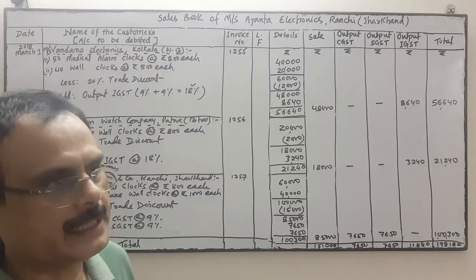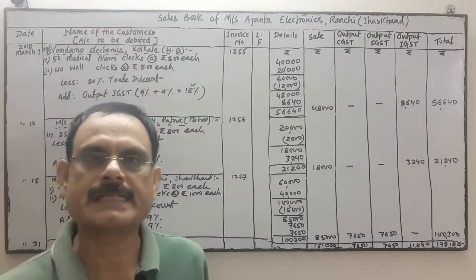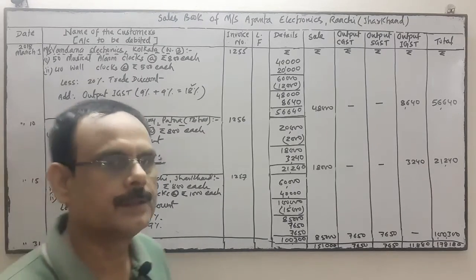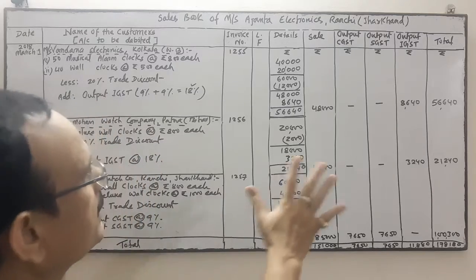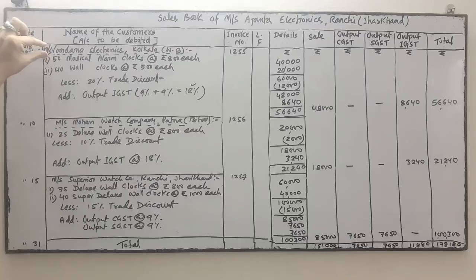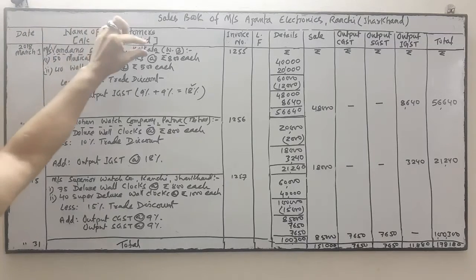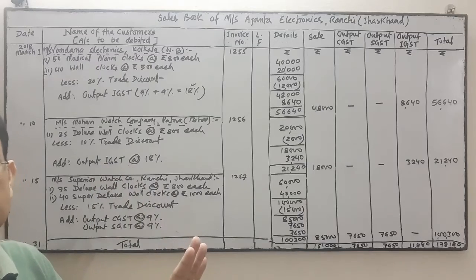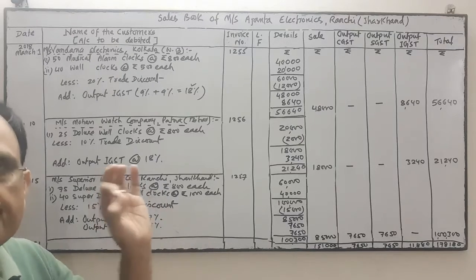Now we'll see the purchase return and sales return. In the ledger, we'll do the posting from here. In the ledger of Bandhana Electronics Kolkata, this will be debited, on the debit side.